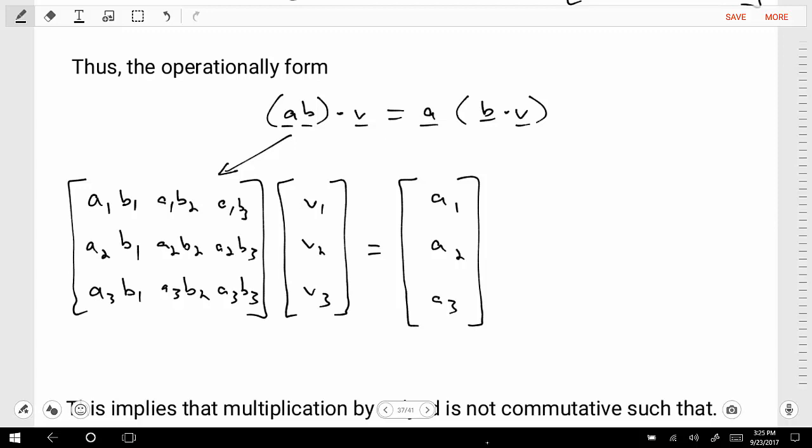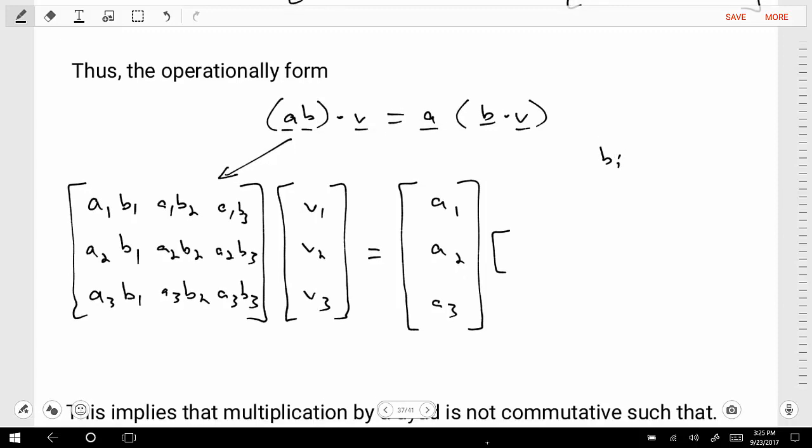Remember that when we do the scalar product of two vectors, it is the sum of the terms Bi, Vi. So let's fill that product in: B1, V1 plus B2, V2 plus B3, V3.